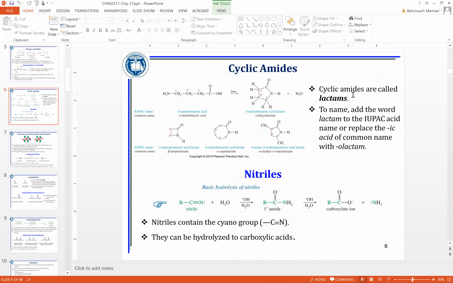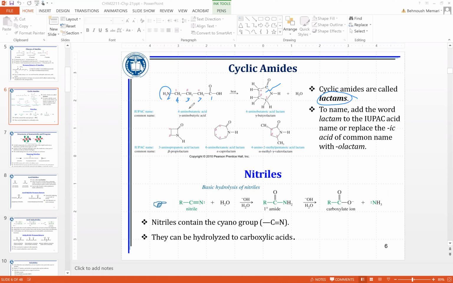For cyclic amides, they are named as lactams rather than lactones. So for the lactams, you are going to break the bond between C and N, the single bond. So the C=O and nitrogen, you break the bond, you open the chain and say that this compound was coming from 1, 2, 3, and 4, and there's an amino group attached to carbon number 4.